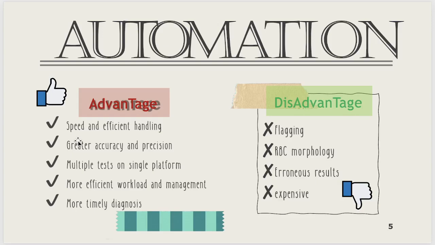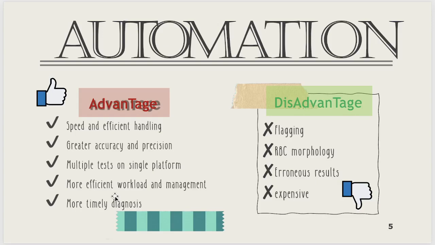Next, greater accuracy and precision, most specifically if we are talking about quantitative blood tests. Then, it is able to perform multiple tests on a single platform, and it significantly reduces labor requirements because it is more efficient workload and management, with more timely diagnosis.